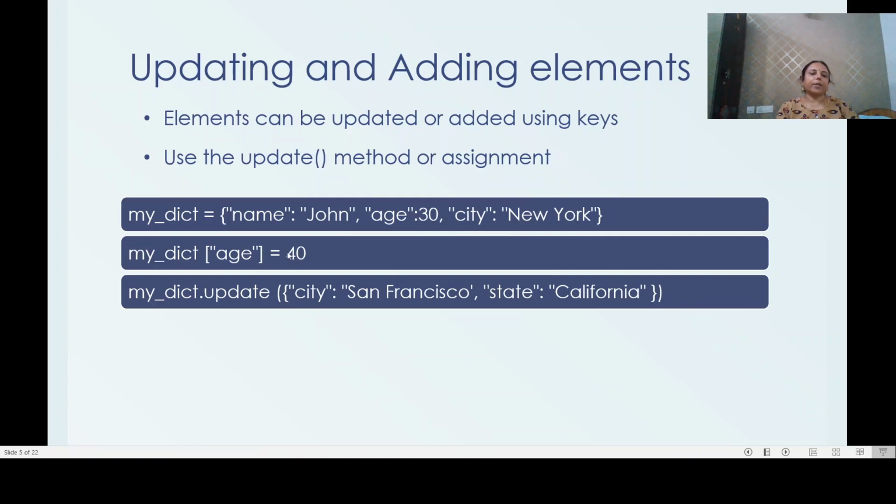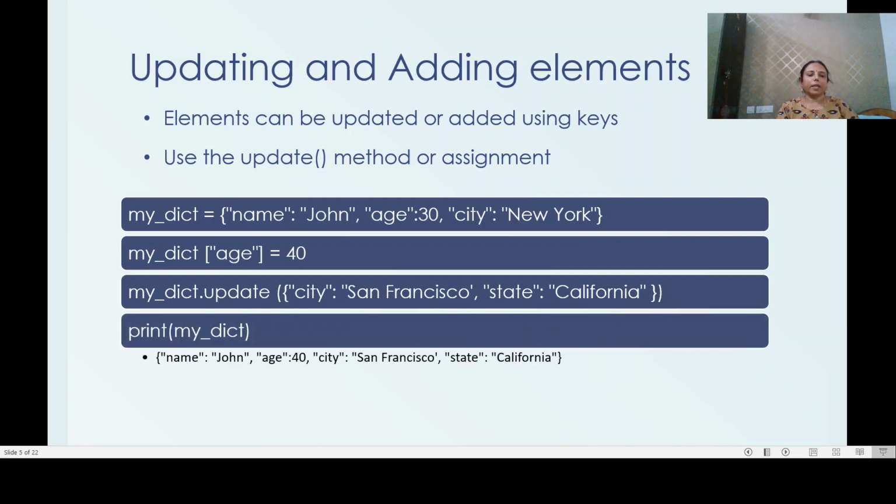Another way to update is to use the update method. You give the dictionary name dot update, and you mention whatever you want to update with the key value pair. I am updating city as San Francisco and state as California. So my output will be like this.